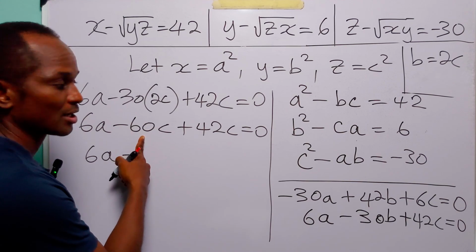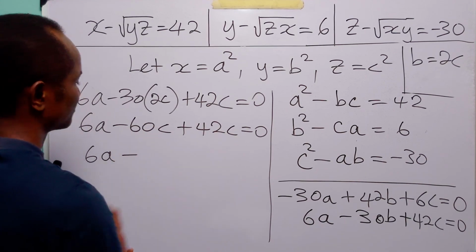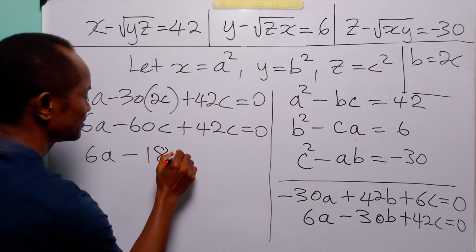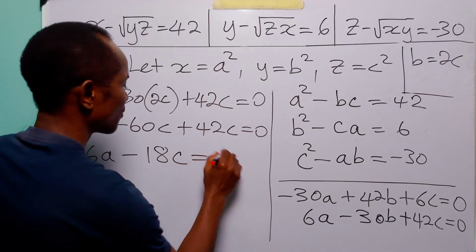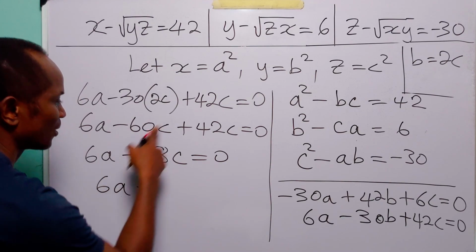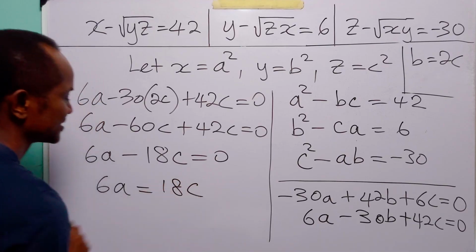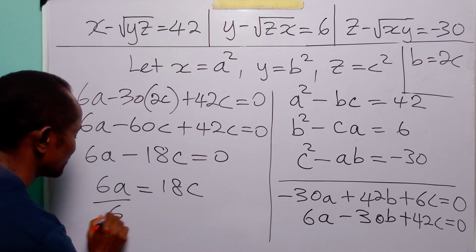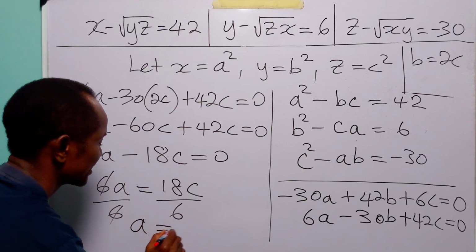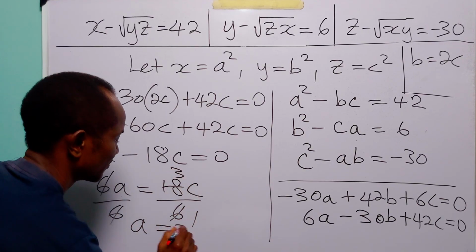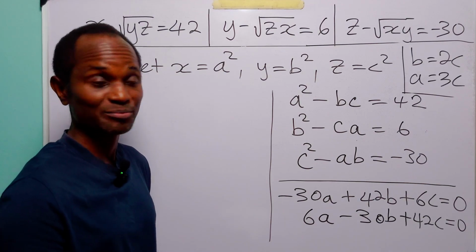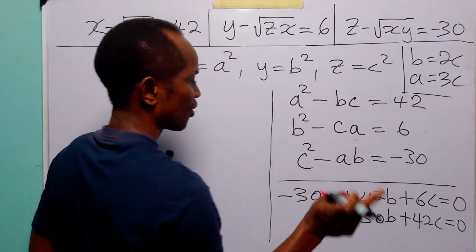Minus 60C plus 42C is going to give us minus 18C, and this is equal to 0. From here, we have that 6A is equal to 18C. Dividing both sides of this equation by 6, we have that A is equal to 3C.